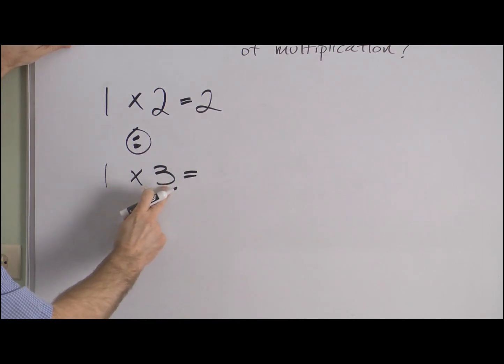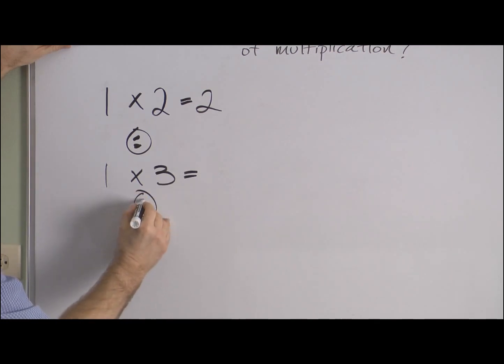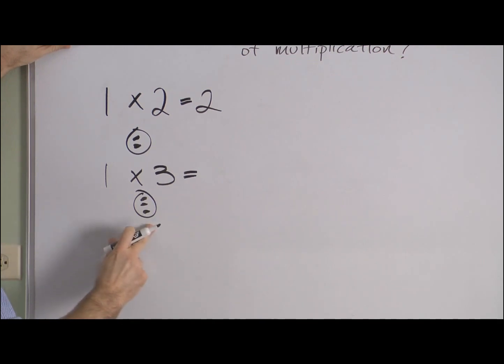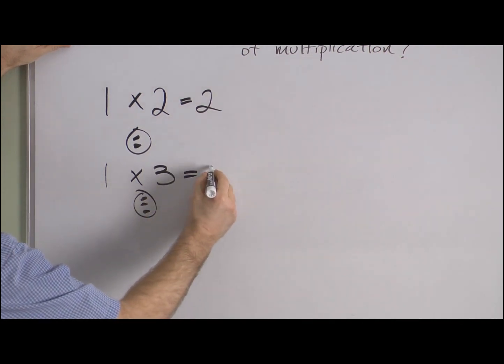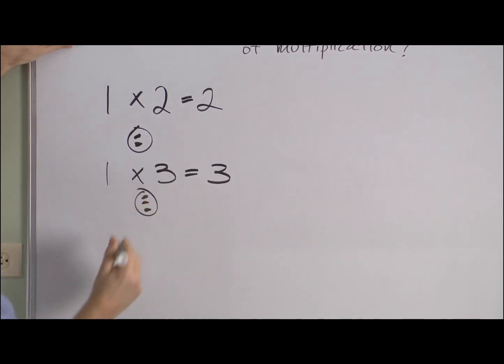Answer 2. Let's try another one, but make this number slightly bigger. One group of 3. So we have a group of 3. But we have one of these groups right here. Count the dots, we get an answer of 3. Let's make this number slightly bigger.